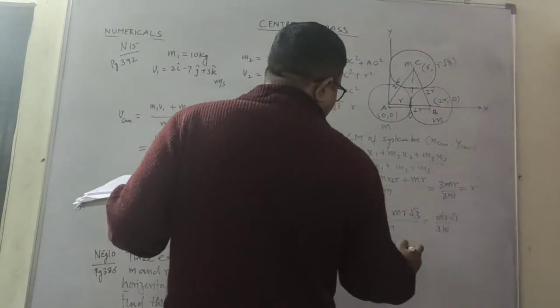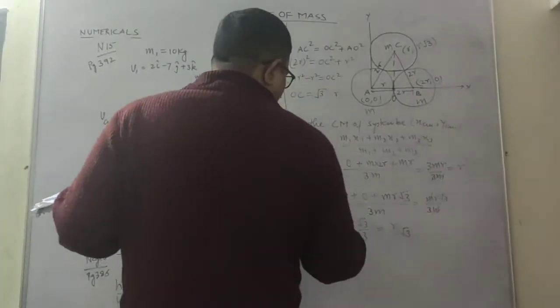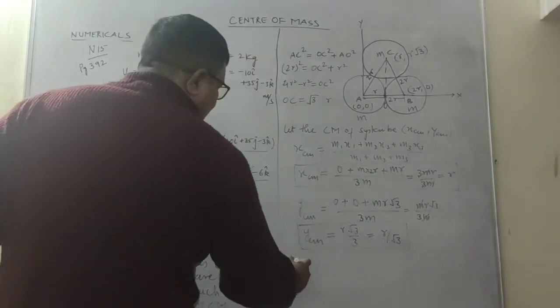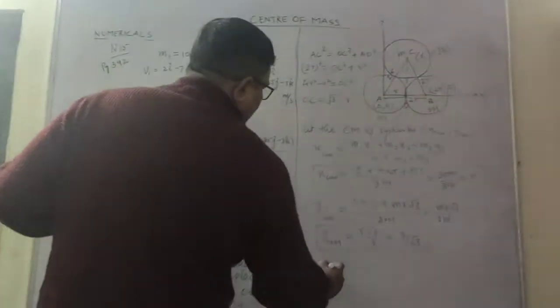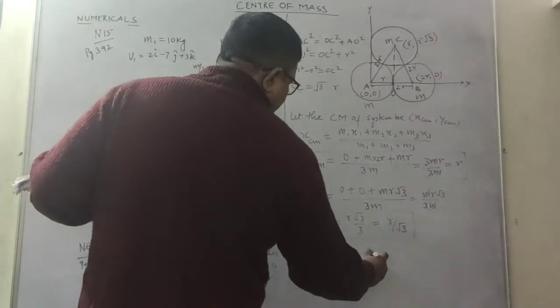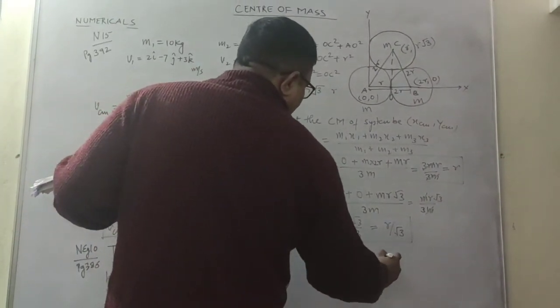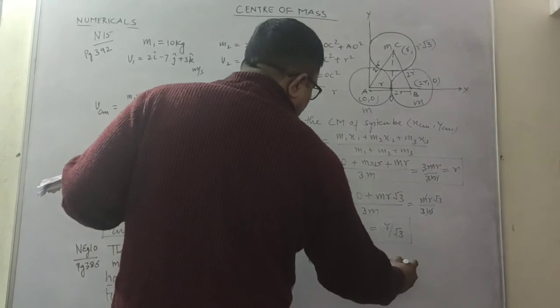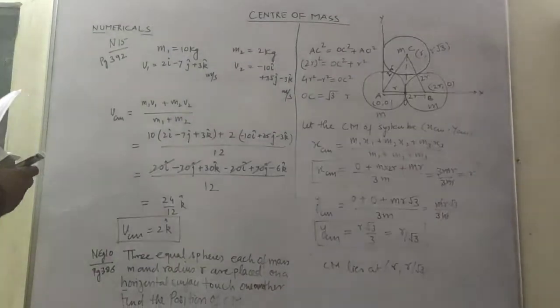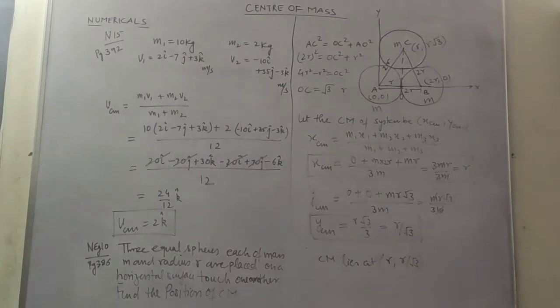This will become r by root 3. So ycm is r by root 3. Therefore, center of mass lies at (r, r by root 3). This is an important example. I have solved it for you. So this is all for center of mass.